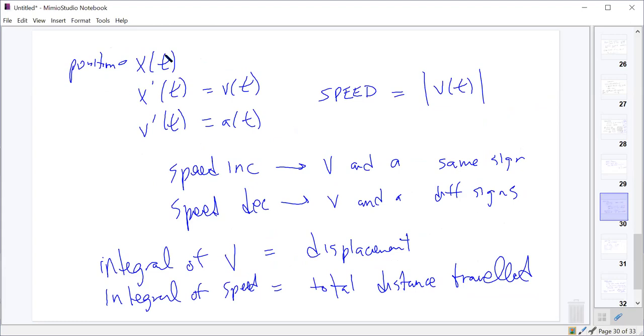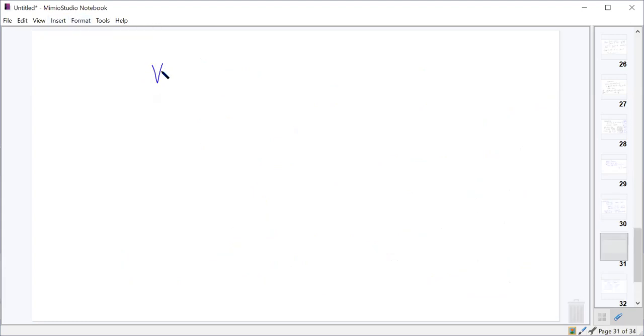And remember that when we're talking about vectors, the speed is still the absolute value of velocity, which is the magnitude of your velocity vector.